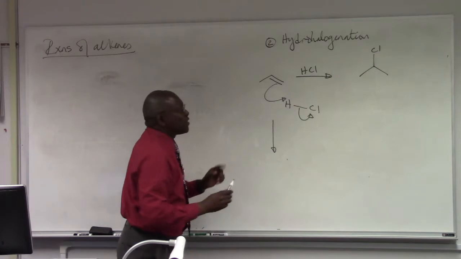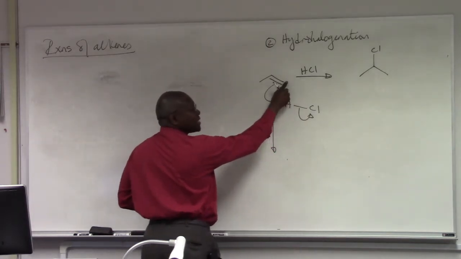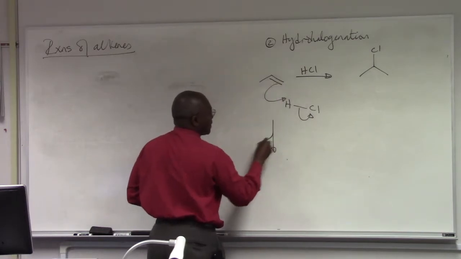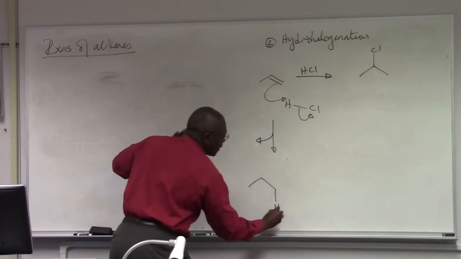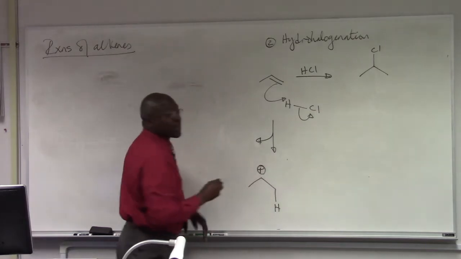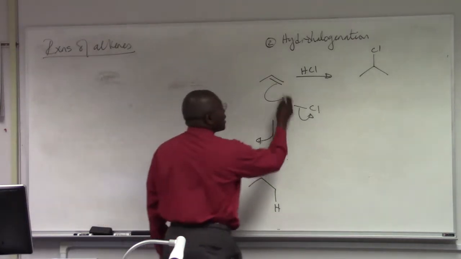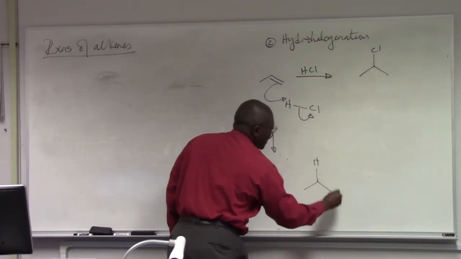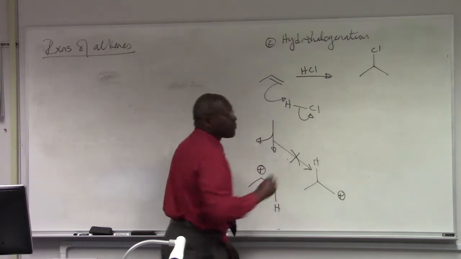The H could either go on carbon 1, but if it does, there'll be a positive charge generated on this side, losing chloride. So either the H goes on carbon 1, in which case I make a secondary carbocation. The alternative is the H goes on carbon 2, but if it does, I'll make a primary carbocation. And that is simply not an option.